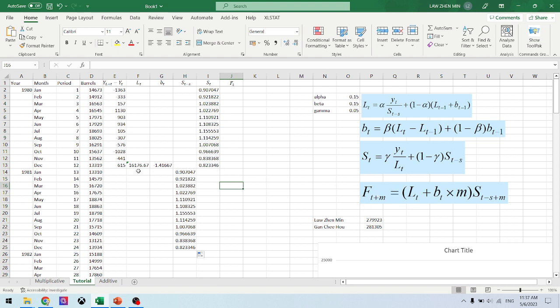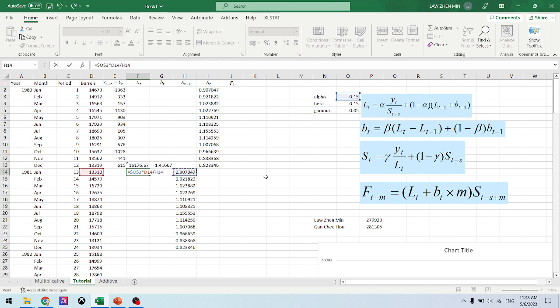So same, we start from the level component here, which equals alpha, fix it, multiply the same period y value, which is this, and then divided by the st minus s, which is this, and plus open bracket 1 minus alpha, fix it, and then multiply by the summation of the previous level component plus the previous trend component, closing bracket, hit enter. So this is the formula for the level component.